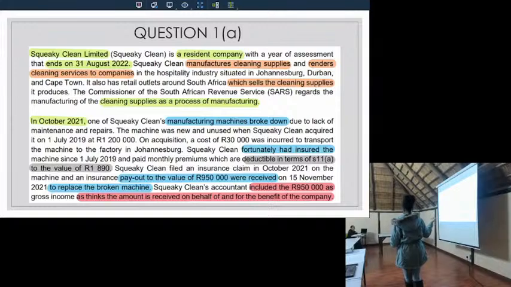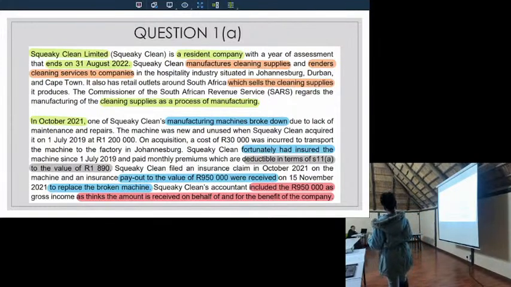So there is a case called the Pick n Pay case that tells you that the tree is an asset that produces an income. And then the fruit is the income, is the output. Do you see? So what makes the income will be the tree, and the output of that tree will be income, right? So the tree is capital in nature, and the income, which are your cleaning supplies, will be revenue in nature.